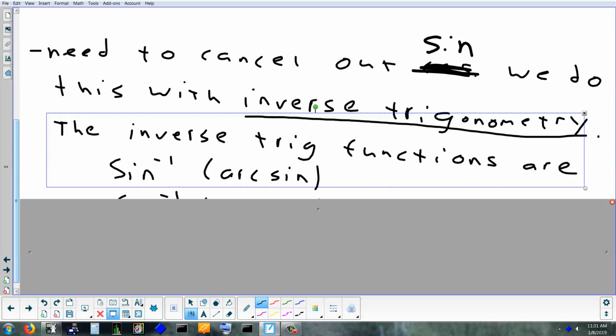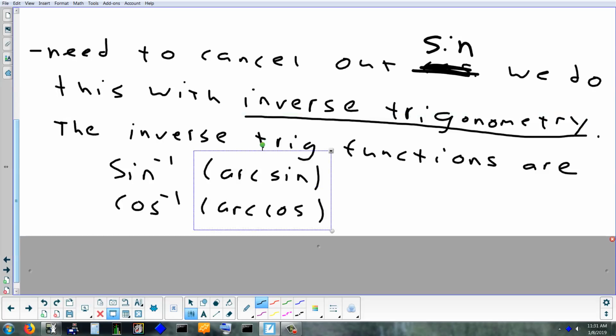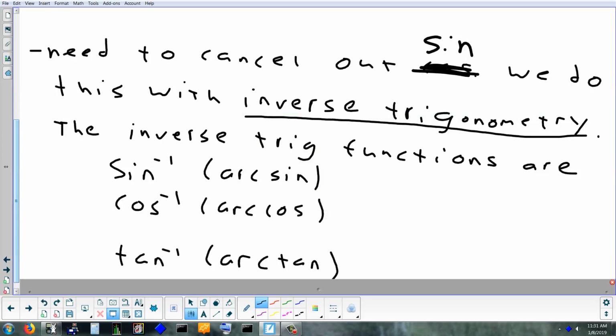Next to inverse sine, notice I wrote arc sine. Arc sine, sine with a -1, inverse sine, same thing. It's just a newer way of writing it and an older way of writing it. Same with inverse cosine and inverse tangent. They mean the same thing.